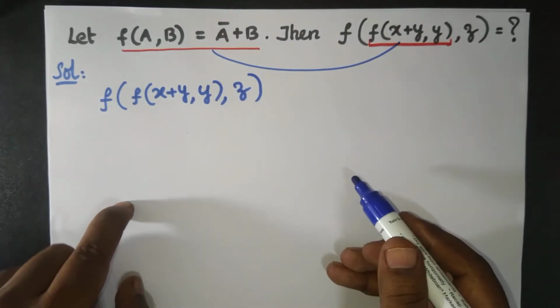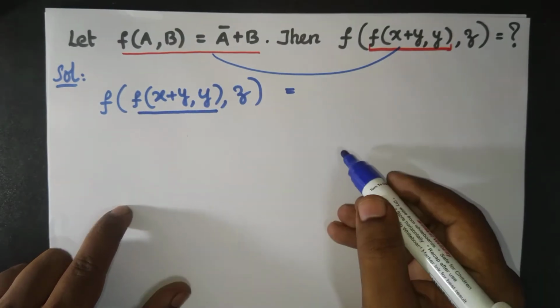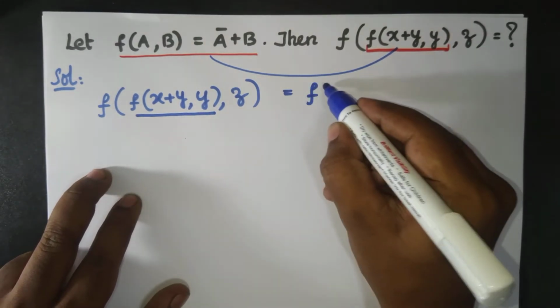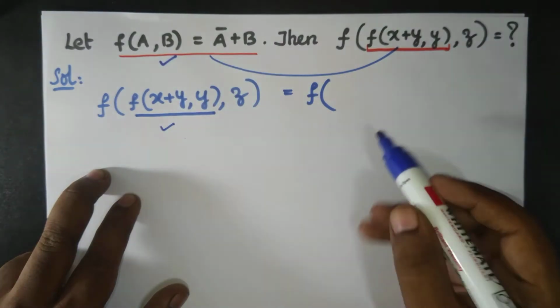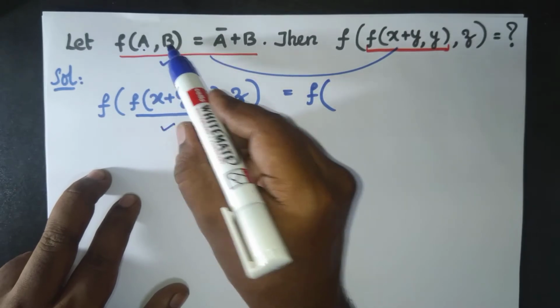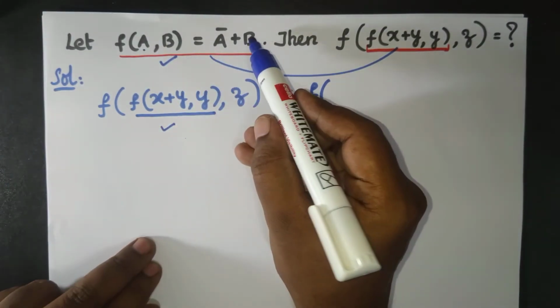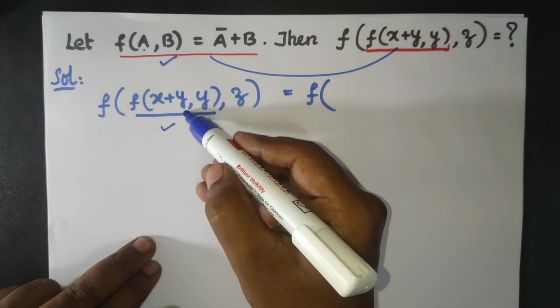First of all, we will try to unlock this internal stuff. If we express this in this form, what do we get? As we have f of a comma b equals a complement or b, here we have f of x plus y comma y. So write this in this format.